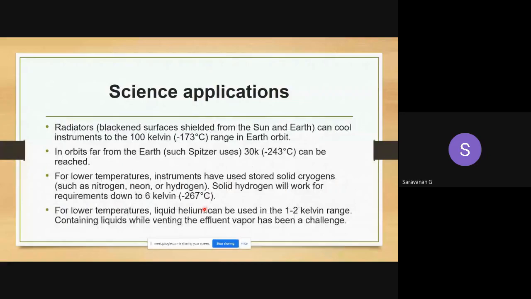Other than the detectors and telescopes, one more is the radiators. For radiators we have 100 Kelvin, and we can have a 1 to 2 Kelvin range of application by using liquid helium. If you are using solid hydrogen cryogen systems with nitrogen, helium, or hydrogen, we can achieve a 6 Kelvin range of temperatures for cooling the instruments.